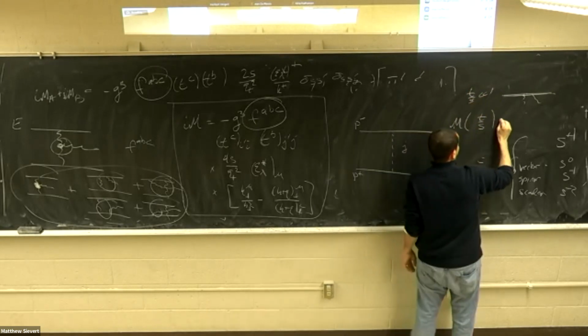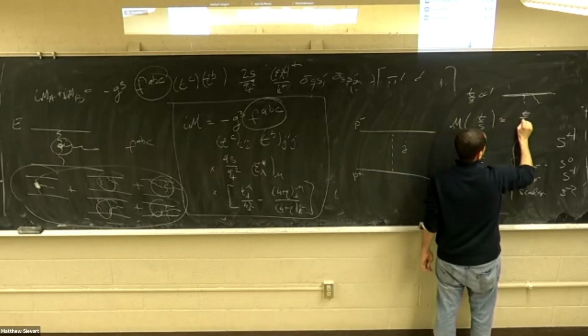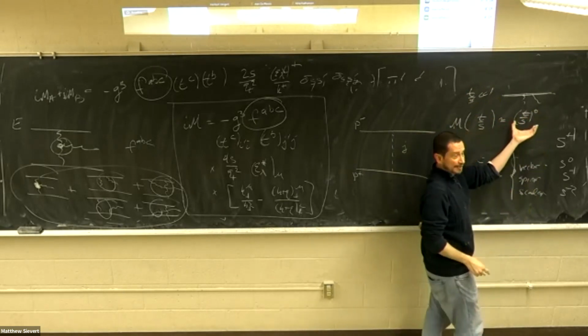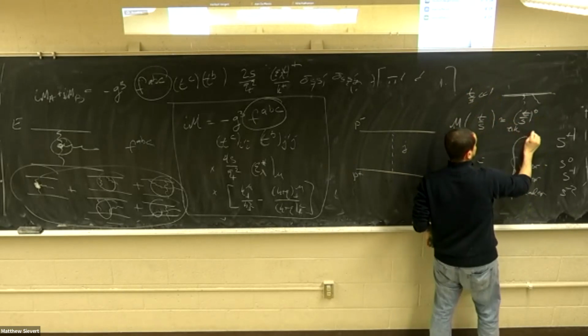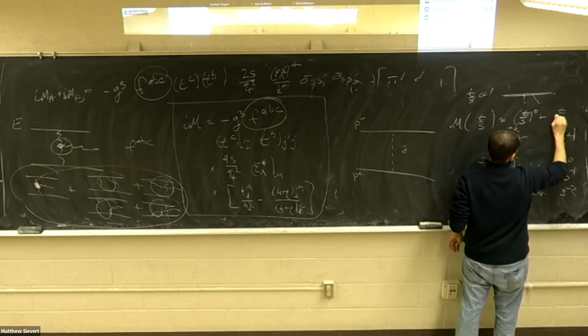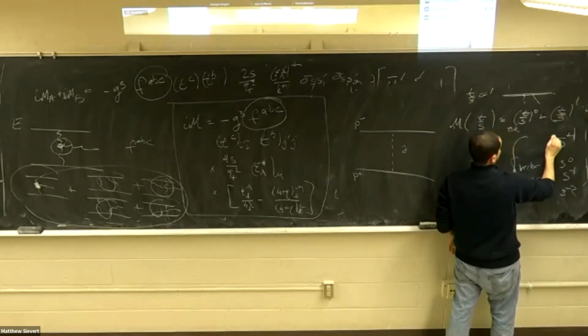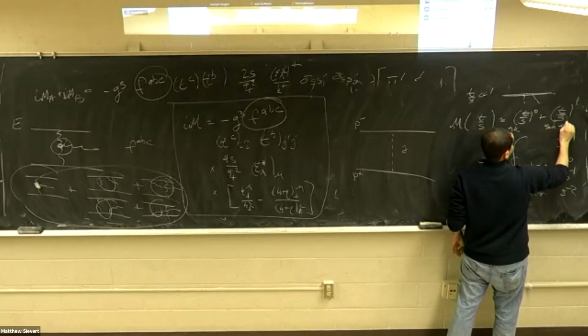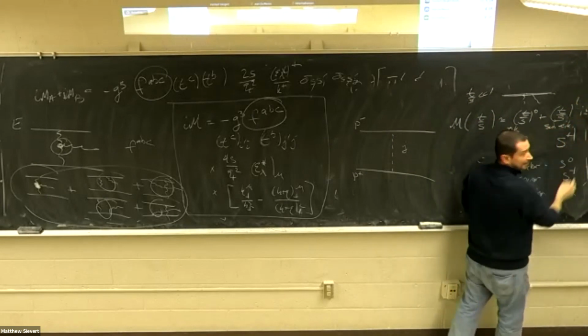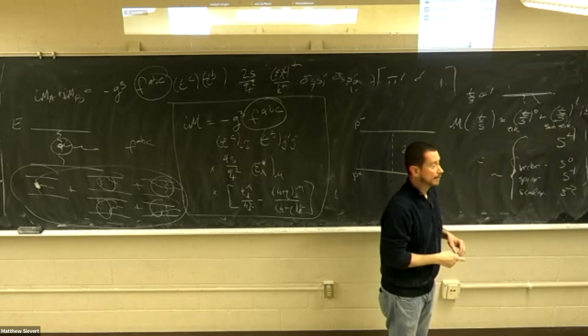So the eikonal expansion means I keep t over s to the power 0, the unsuppressed piece. That's the eikonal piece. The first correction to this is t over s to the first power. That's the first sub-eikonal correction. And there's a whole series of corrections on top of that.